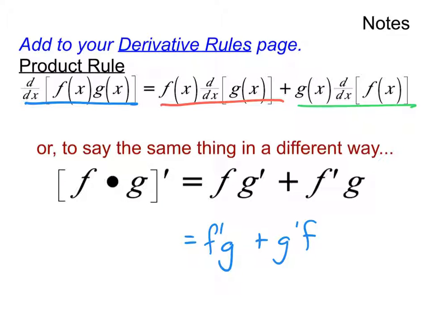That's okay, because order with addition doesn't matter. So with this particular formula, unlike some others we will see, the order doesn't matter. The key thing is that when you are finding your derivative, you're doing original times derivative plus derivative times original. That's really what you need to remember.